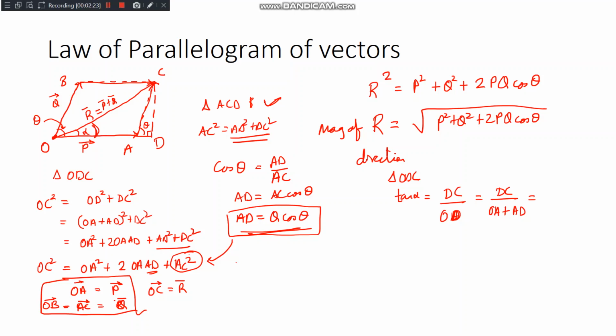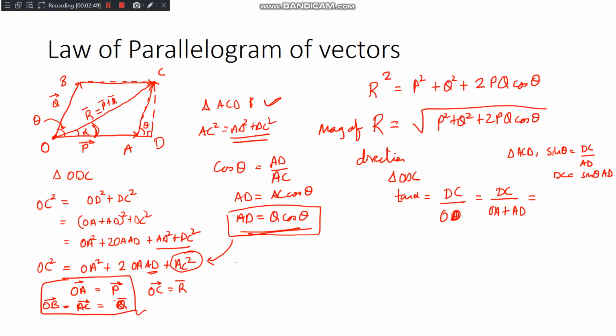Now let us check out this small triangle ACD. Okay, in that what you'll find is sine theta is opposite upon adjacent, which is nothing but DC upon AD. Okay, so what I can write is, I can write DC is equal to sine theta AD.